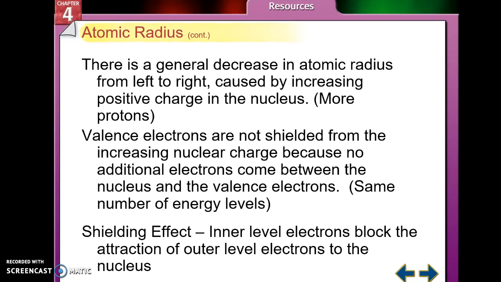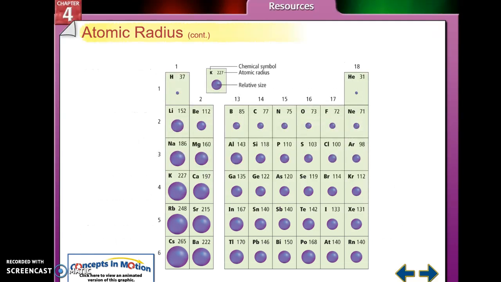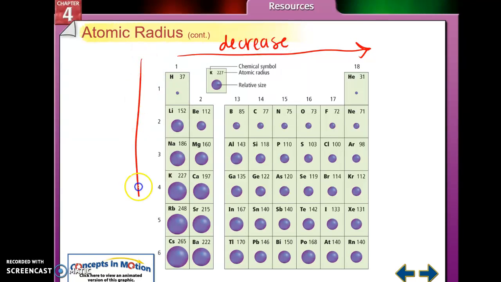That's called the shielding effect: inner level electrons block the attraction of outer level electrons to the nucleus. So as you go across the periodic table, the atomic radius is going to decrease. But as you go down the periodic table, the atomic radius is going to increase, because you're adding more electrons, but you've also got more shields because you're adding onto a new energy level.